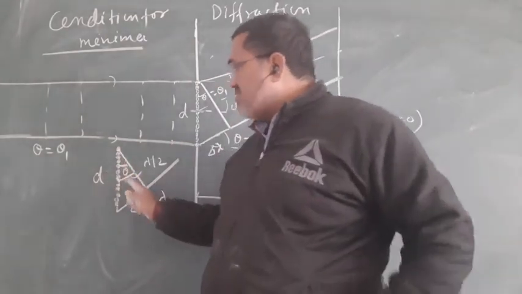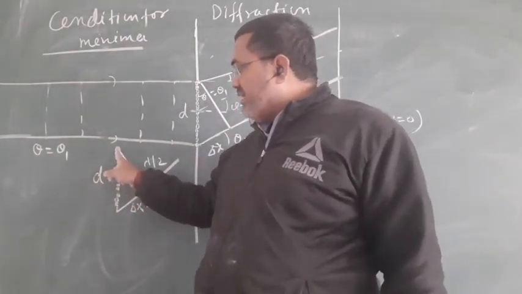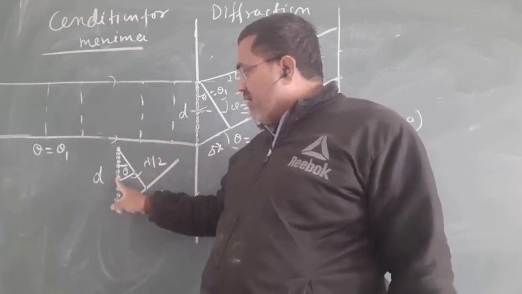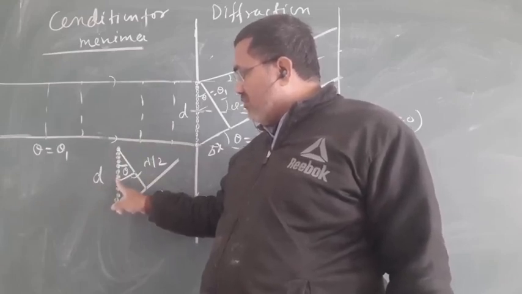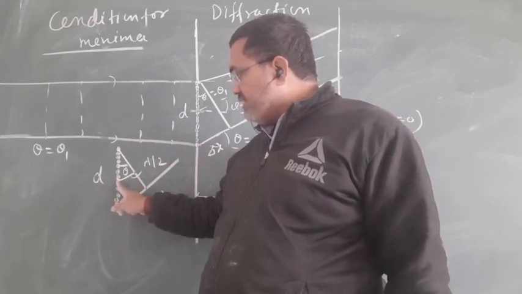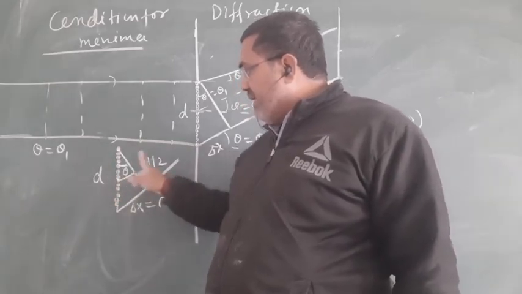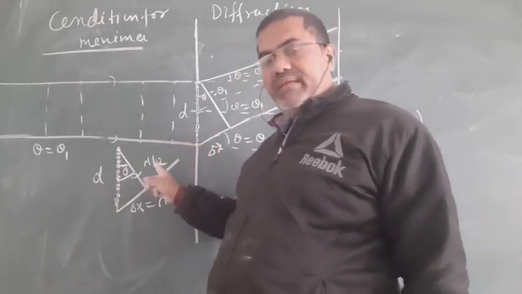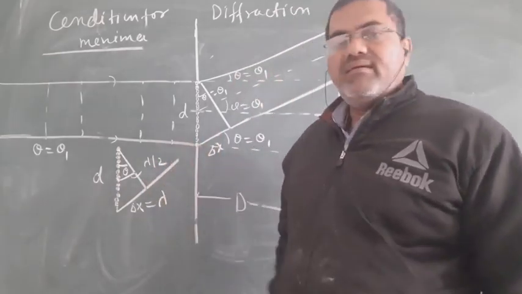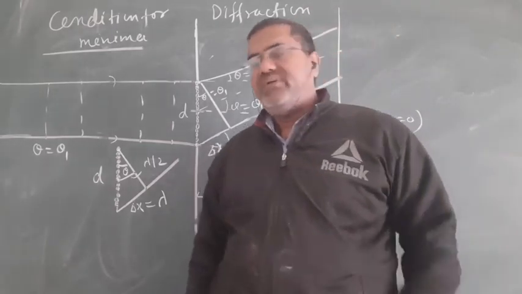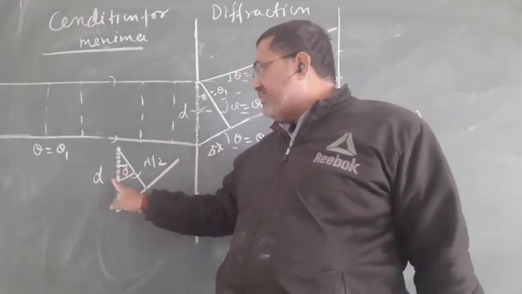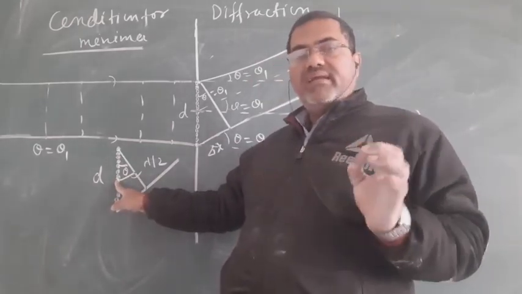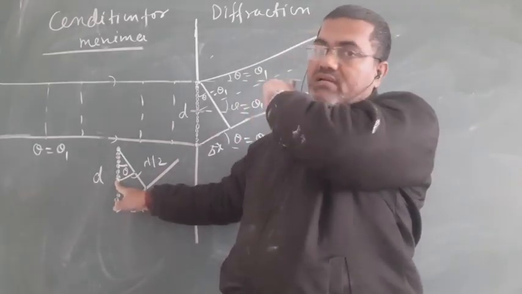In the first half, the path difference between the first particle and the middle particle just below it is lambda by 2, that is, phase difference pi, opposite phase. This particle and this particle having path difference lambda by 2 meet in opposite phase at the screen.